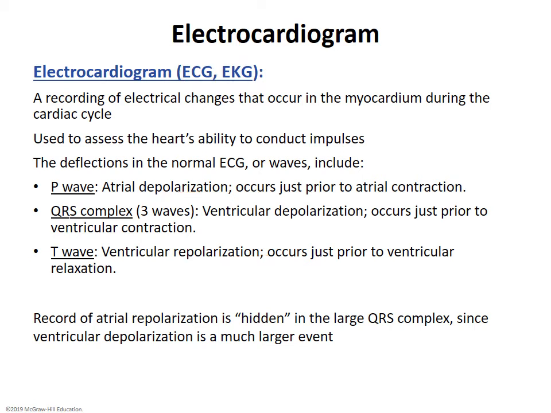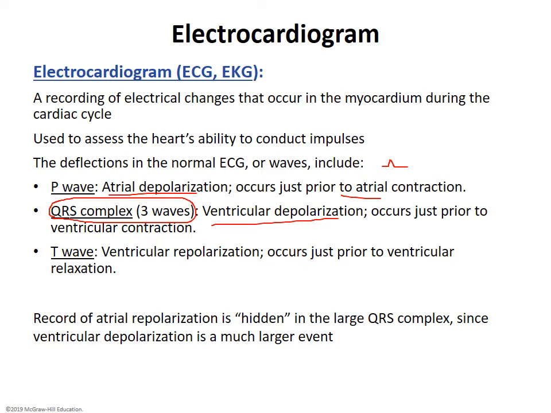So the P wave, we have this little wave up front called a P wave, and it is where the atrium starts to contract. So the atrium contracts, and then we have this huge thing called the QRS complex. It's 3 waves all together. Ventricle depolarization, this is where that big spike and then the drop is.